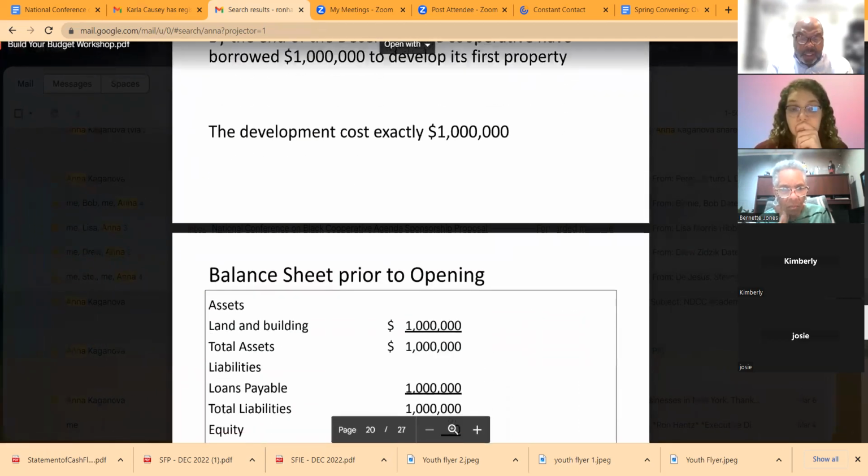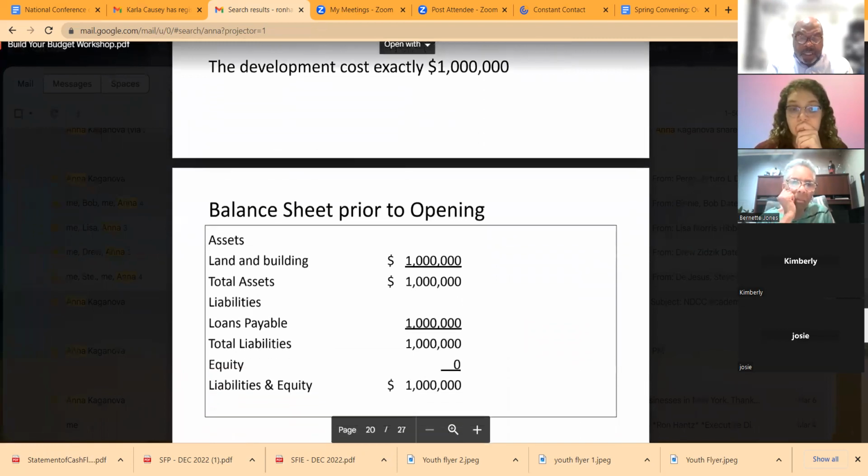On a balance sheet, we're showing land and building for $1 million, total assets $1 million, loan payable $1 million, total liabilities $1 million, and liabilities and equity $1 million. That simply fits, because the building and the land came up to $1 million.